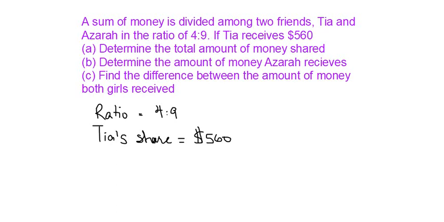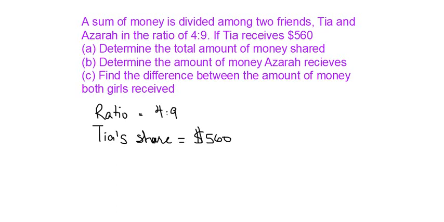So I heard somebody say the total, right? We have to actually start off by saying the total number of shares. Add that up and we will get 13, right? So between the two girls, every single time we share, let's just say for every $4 Tia receives, Azara is getting $9.